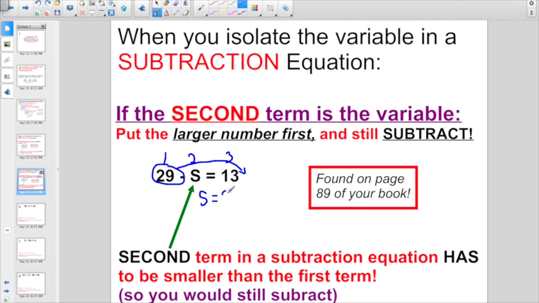I want to put 29 first because it is larger. 29 goes in first, still subtract, and then 13. Your second term in a subtraction equation has to be smaller than the first term, so whatever I have here has to be smaller than 29. Again, this is found on page 89 of your book when it's time for the Socrative quiz.